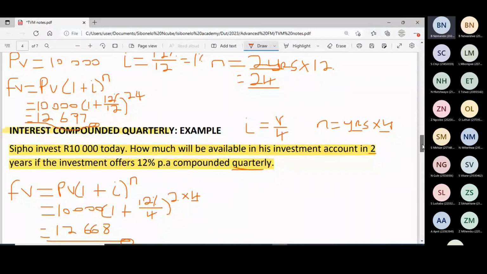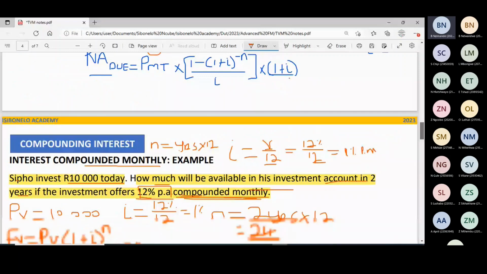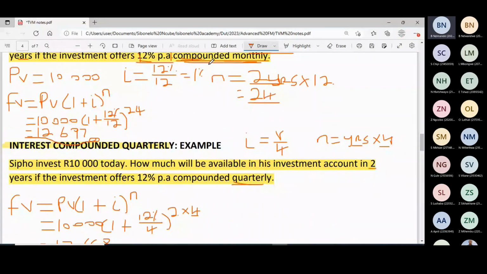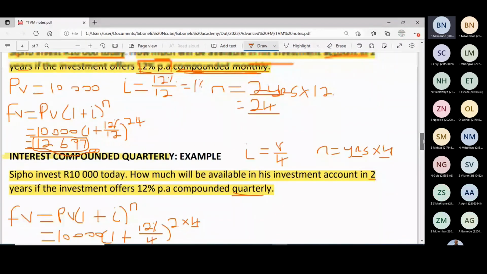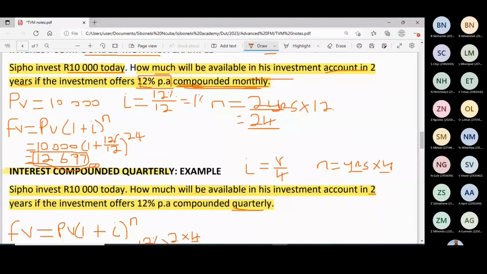Yes. Remember this compounding issue: if interest is compounded monthly, it means each and every month he's earning interest, so he will have more funds available at the end of 2 years. But if he only receives interest quarterly, he will have less funds available at the end of 2 years. So the advice is that he must invest under the monthly compounding plan. Are you getting it, guys?